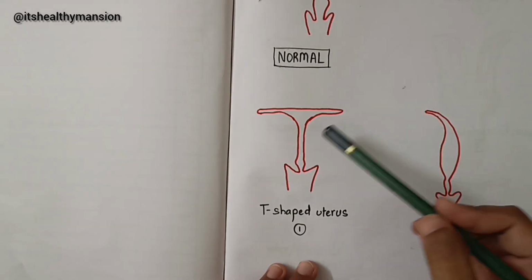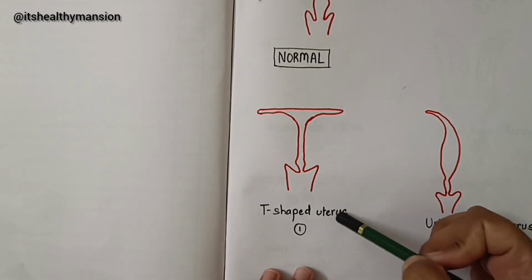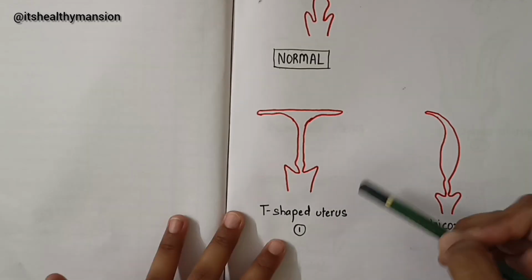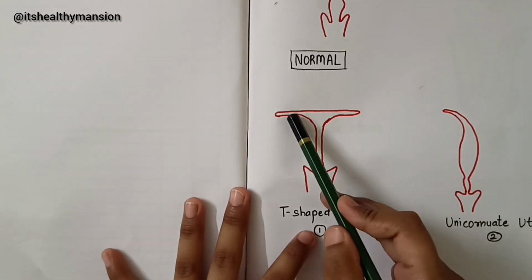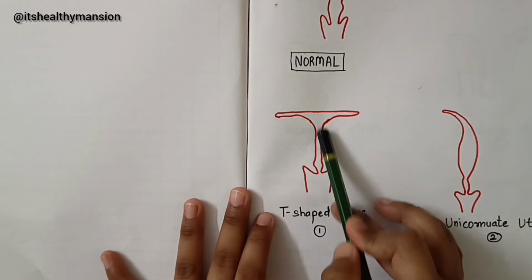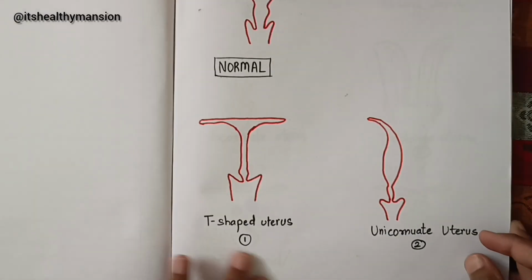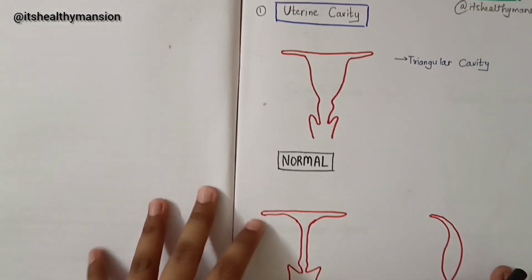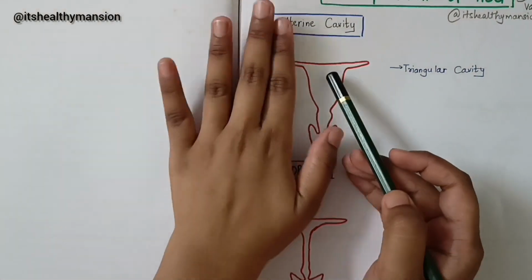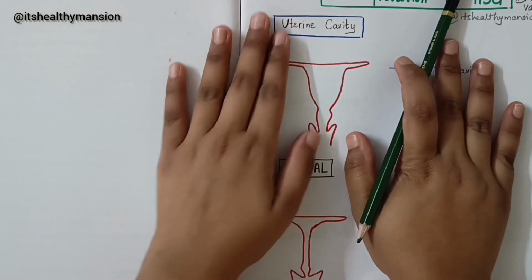So the first abnormality you may see is a T-shaped uterus, where the shape of the uterus, which was triangular, is here a T shape. Now the second abnormality you may see is a unicornuate uterus, whereas the uterus normally has two cornua, always a right side and a left side.